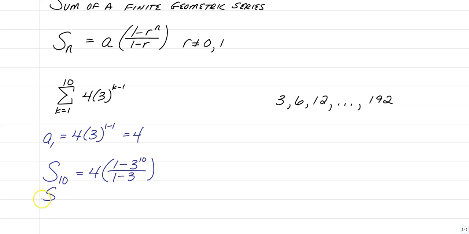And once you type that into the calculator, you're going to find that the sum of the first 10 terms is 4 times that big number in our calculator, which is going to give us 118,096. All right, and again, you just type it in the calculator. 1 minus 3 to the 10th divided by a negative 2. Multiply that by 4. You're good to go.